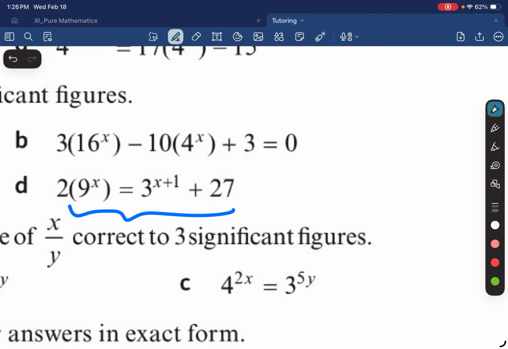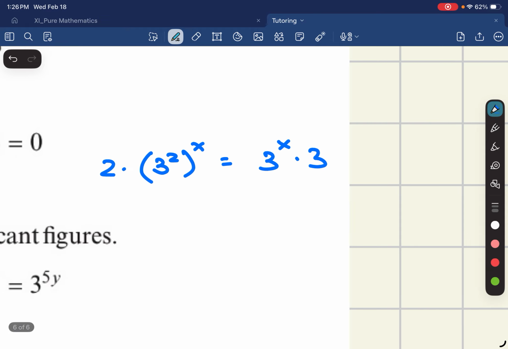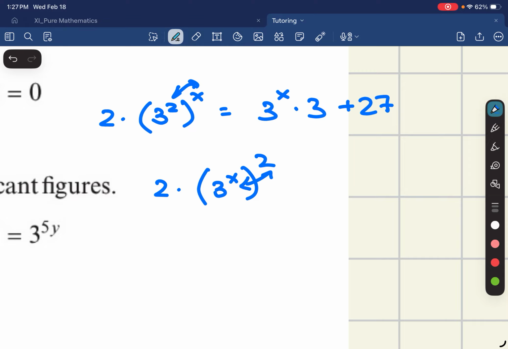Because if you look at this, I just have, well, 9 is 3 squared to the power x. And then here I have 3x times 3 plus 27. When you simplify, I can multiply 2 and x, and I get 2x, and if I multiply here, I also get 2x. So it's the same thing.